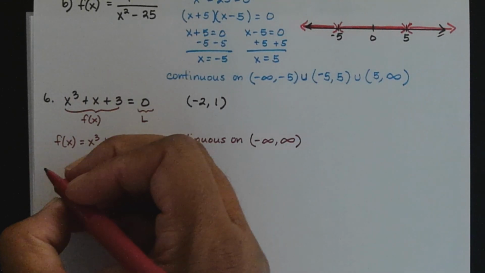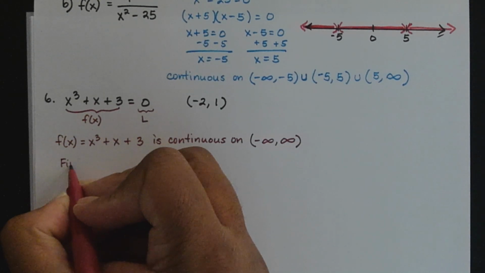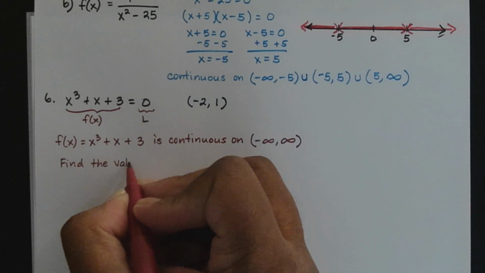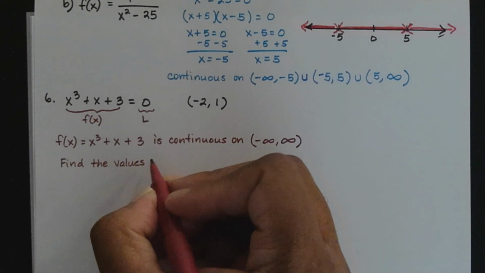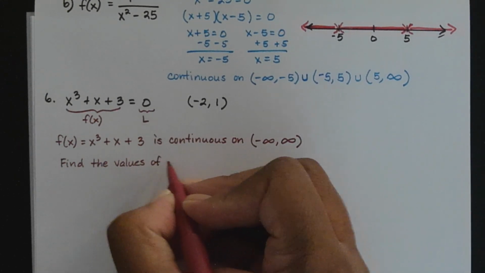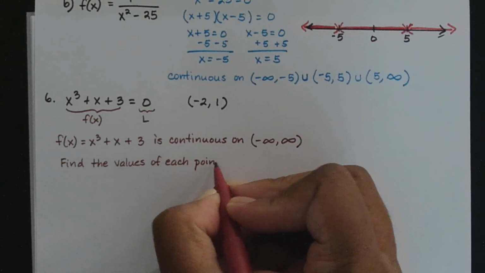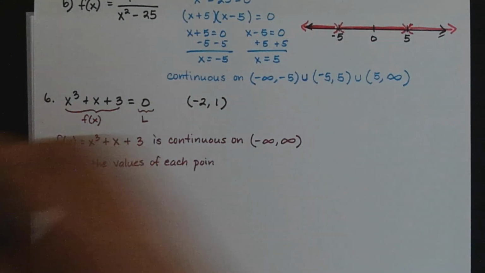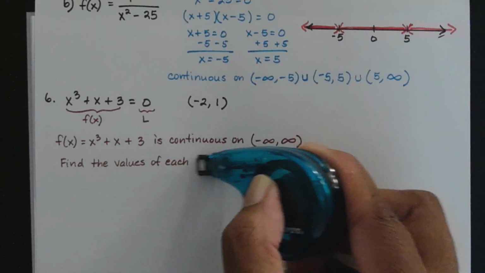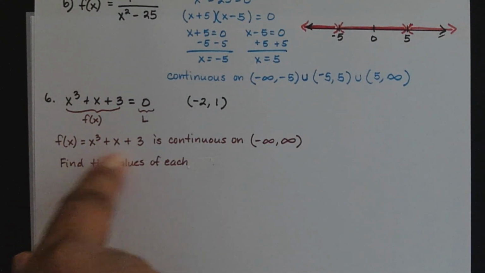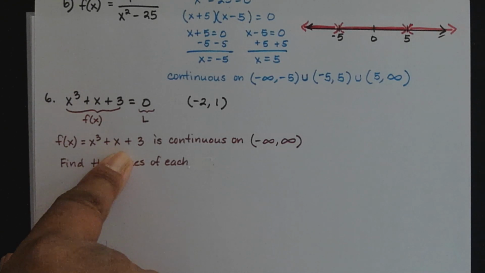Now, here's the next thing I'm going to do: find the values of each endpoint. How do you know if something's a polynomial? Well, there's no variable in the denominator.